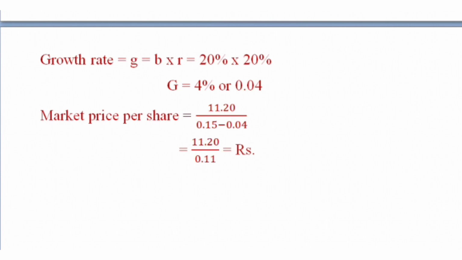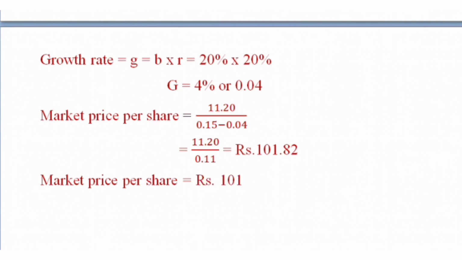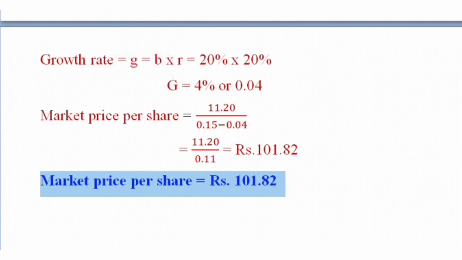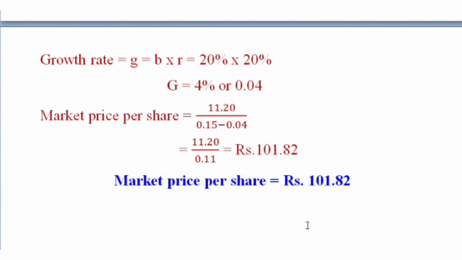You divide it and you will get the market price of 101 rupees 82 paise. Therefore the market price per share for the retention ratio 20% is 101.82 rupees.